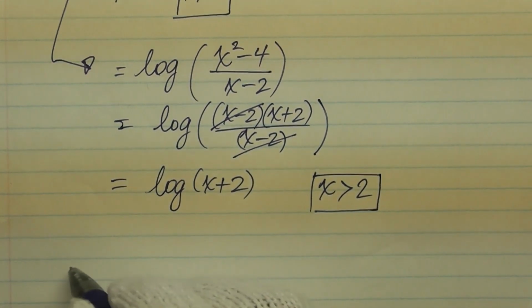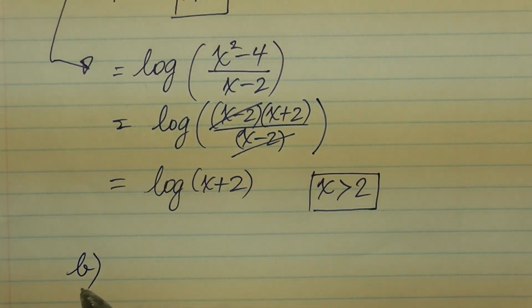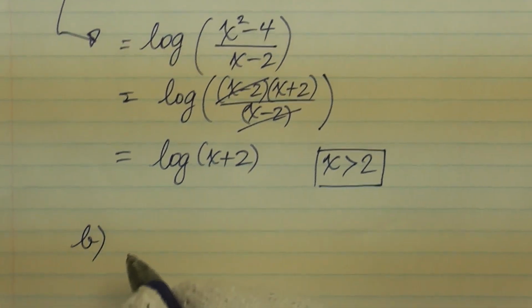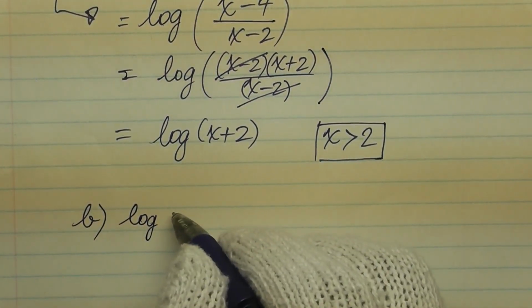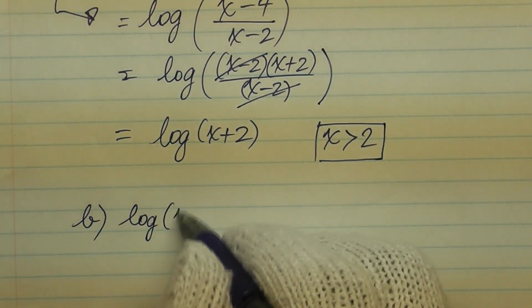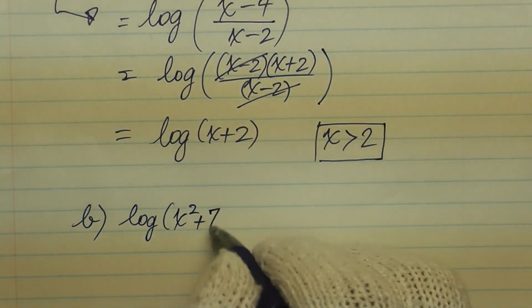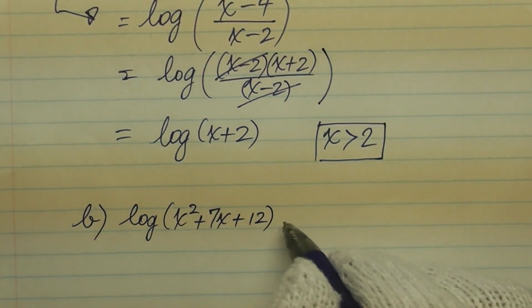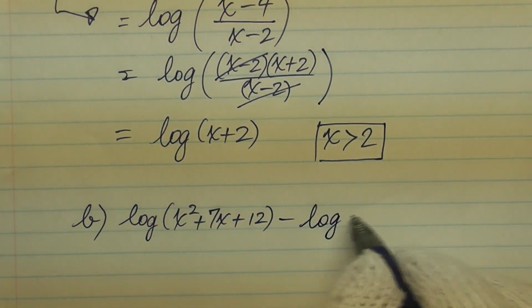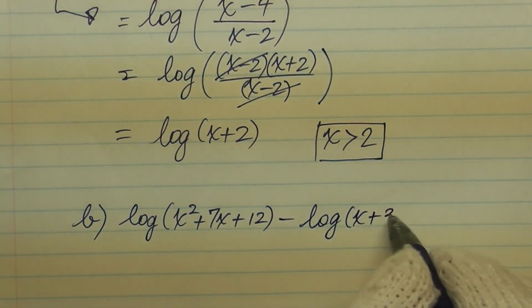I'll try and explain that again for part B so that you can see how that process works out. So let's say we have log of (x squared plus 7x plus 12) minus log of (x plus 3).